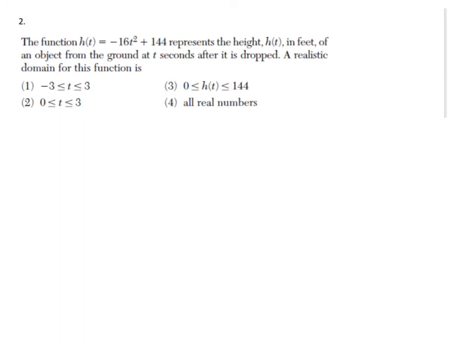All right, so we have this next question. The function h(t) is equal to negative 16t squared plus 144 represents the height, h(t), in feet, of an object from the ground at t seconds after it is dropped. A realistic domain for this function is, so we are looking for the domain. Domain is the set of x values, right? And x is time.